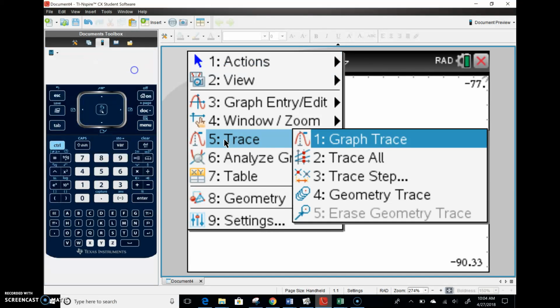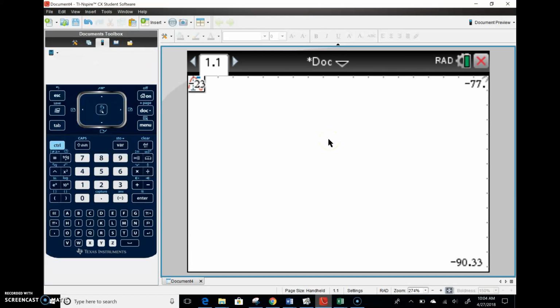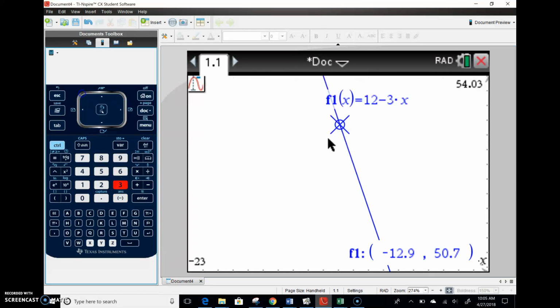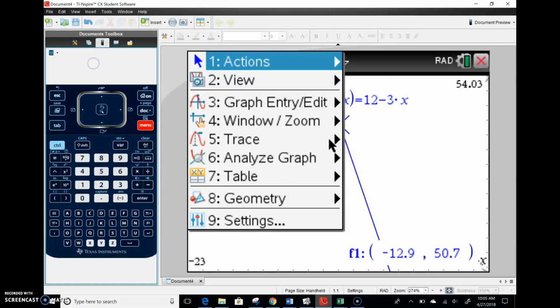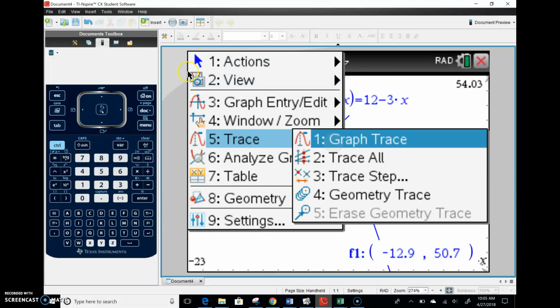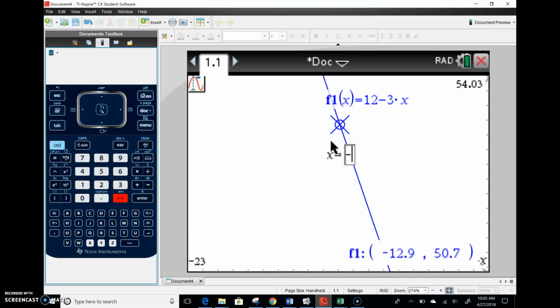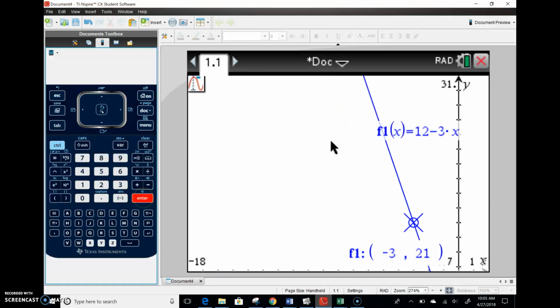Okay, let's try this again. Menu, trace, graph trace. -3, enter. 21, that's wrong. -18, enter.